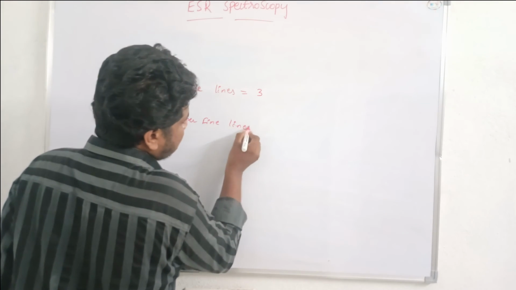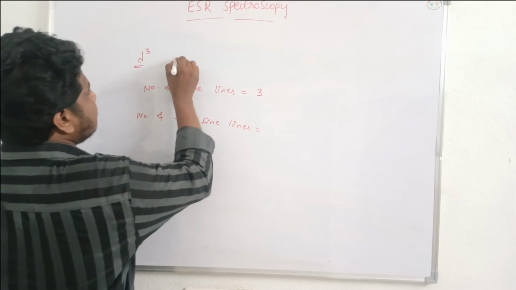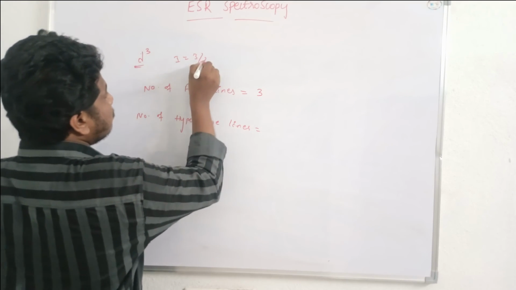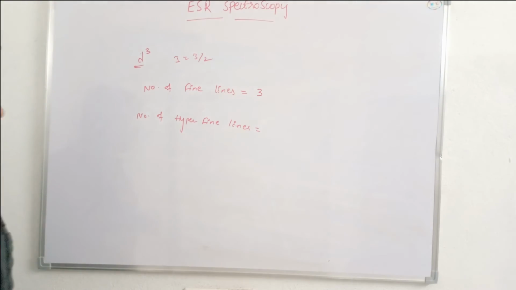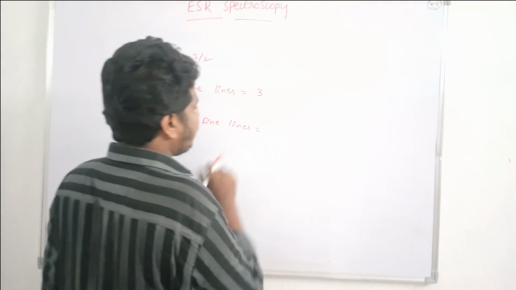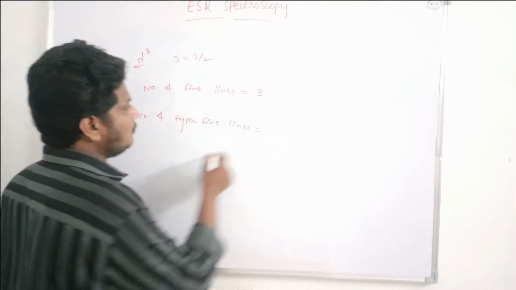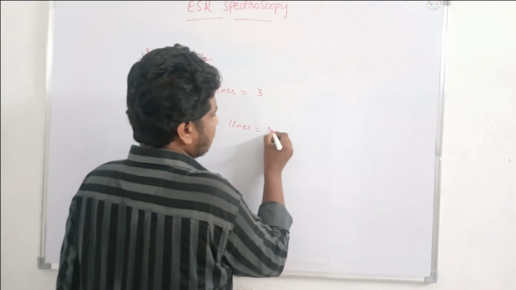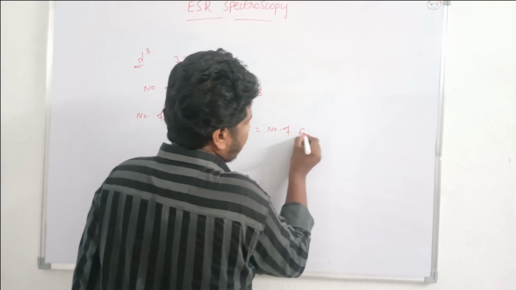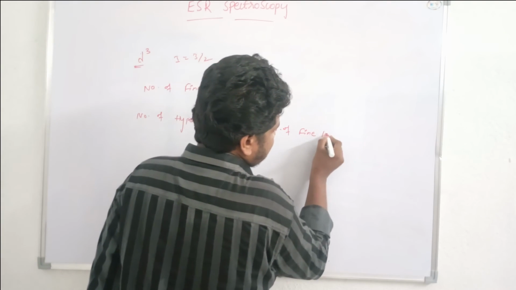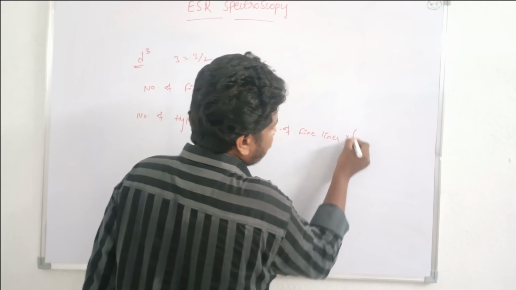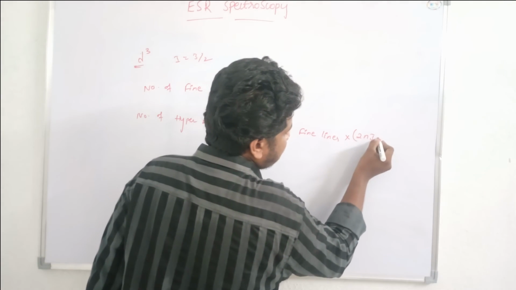The number of hyperfine lines is equal to the number of fine lines times (2nI plus 1).